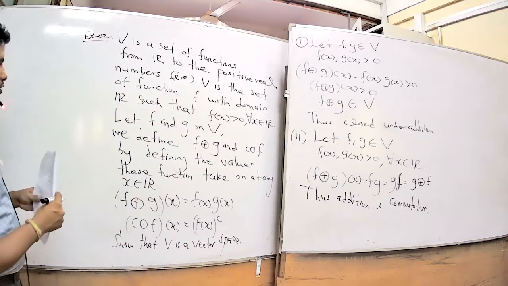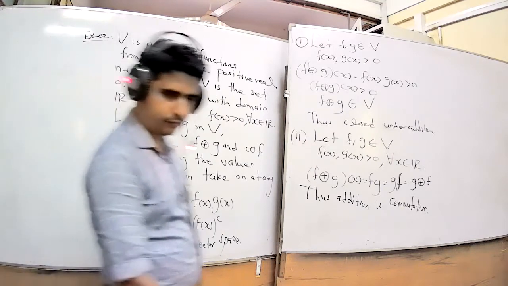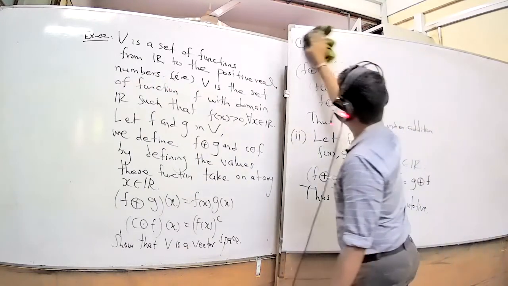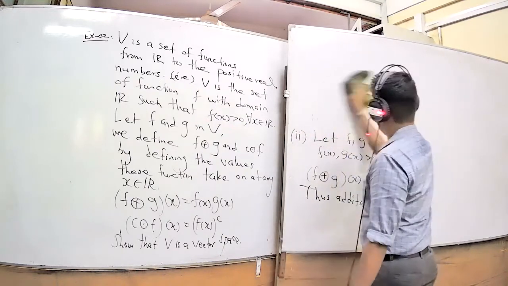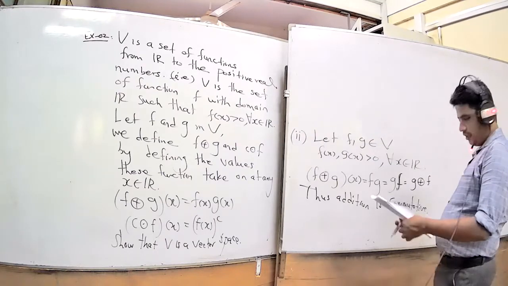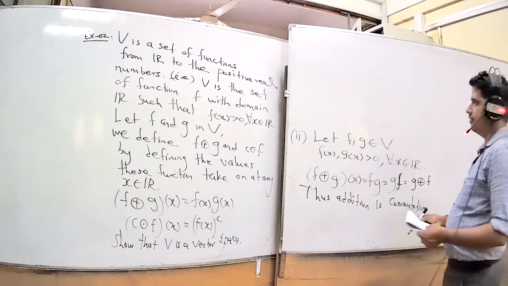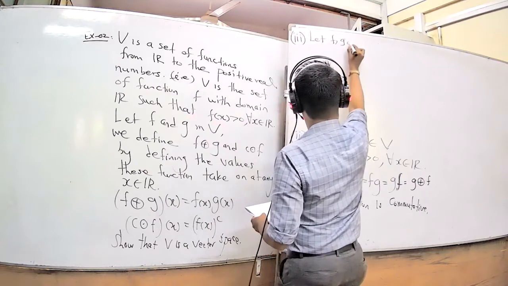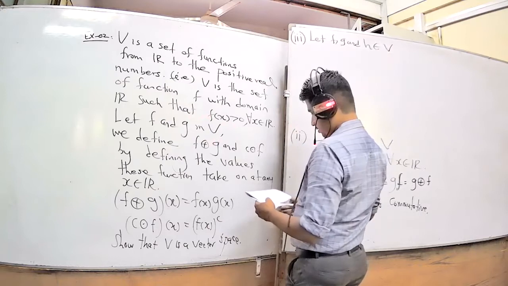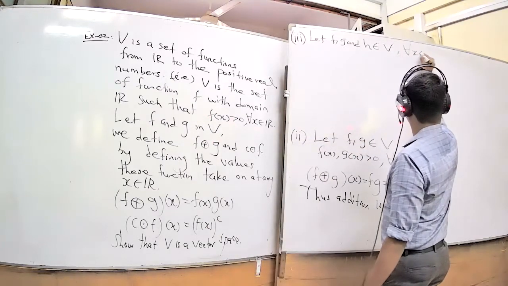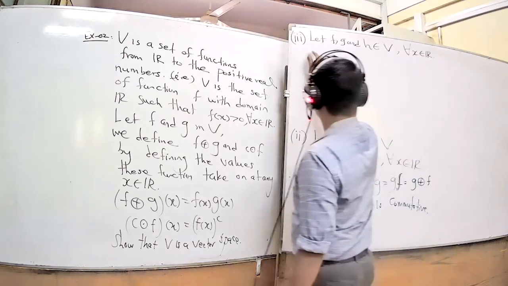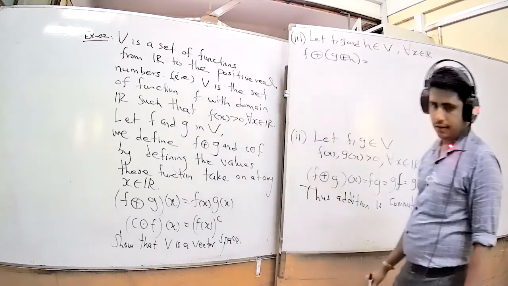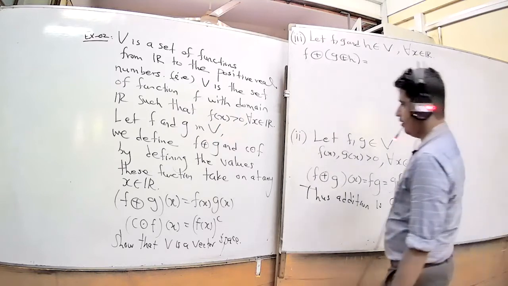Next, we want to check the associative part. For associative, you want to take three functions f, g, and h in V for all x belonging to real numbers. We define it like this.